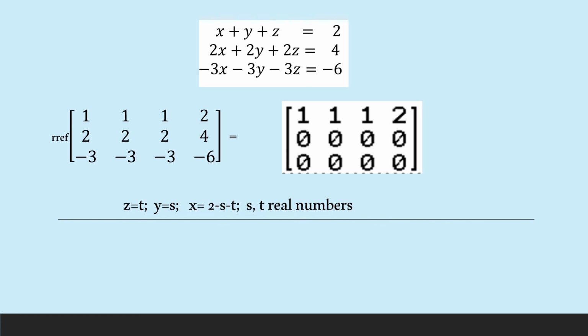Since you have 1x plus 1y plus 1z equal to 2, you can easily get the value for x. So by changing the values for s and t, you get an infinite number of values for x, y, and z. And this justifies that this system has an infinite number of solutions.